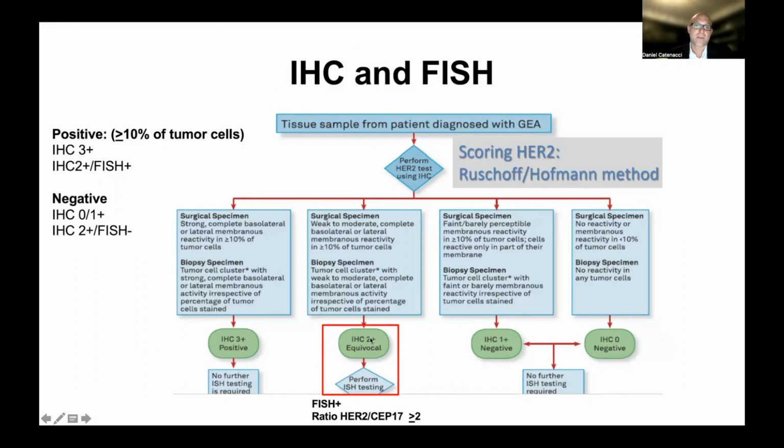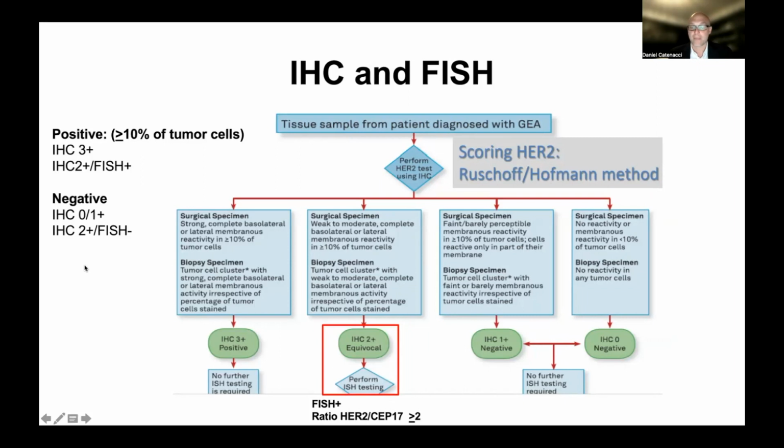However, if there's equivocal or in between 2+ intensity staining in at least 10% of the cells, then that's considered sort of unsure, and we move to FISH testing as a tiebreaker. And only if that ratio of HER2 gene copies to the control probe is more than 2, then it would be called amplified. If it's negative, then it would be IHC 2+, but FISH negative, and HER2 overall negative, as you see here.